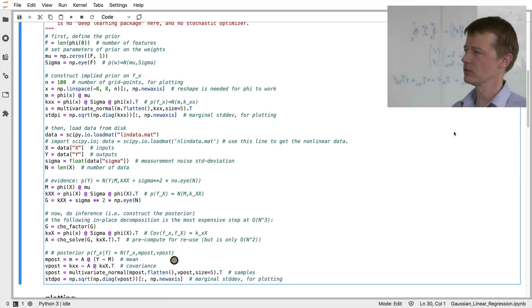Okay, so to do so, we compute a posterior mean, here we go, which is the prior mean plus, which happens to be 0, plus A, which is the solution of the linear problem that is given by G inverse times k little x capital X. So let's go back.